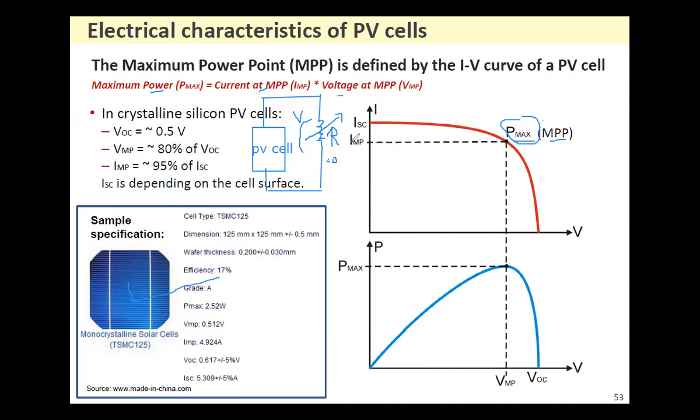What you are doing, you are increasing the value of resistance. Now there appears a point that, at that point, let's say the resistance is X ohms.